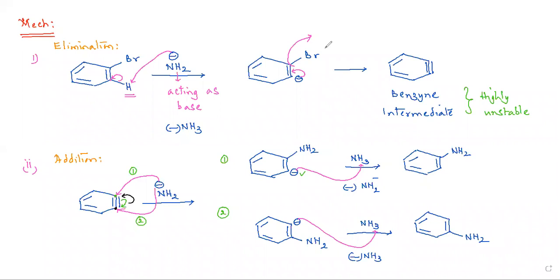And this benzyne intermediate is attacked by NH2 minus, which is acting as nucleophile in 2 ways to give rise to 2 different products. One is ipso, the other one is cine substitution product. Okay.